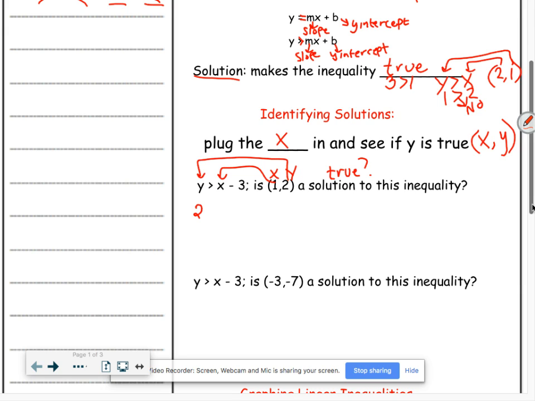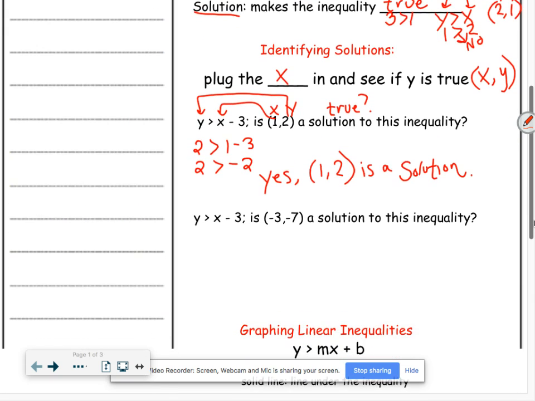So is 2 bigger than 1 minus 3, which is negative 2? Yes, 2 is bigger than negative 2. So yes, the point (1, 2) is a solution. All you'd have to write is yes or no. You don't have to write it all fancy like that.